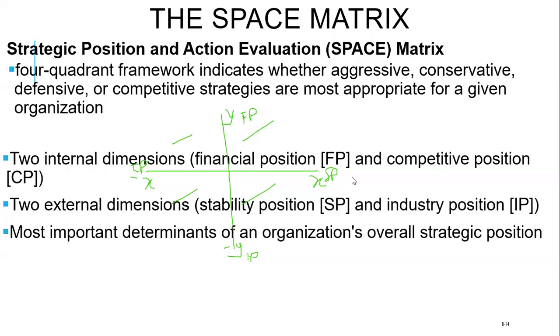And what does stability position seek to communicate? It evaluates the degree to which an organization is stable in the external environment. How stable is the firm in the external environment?